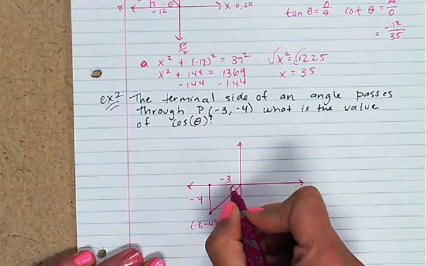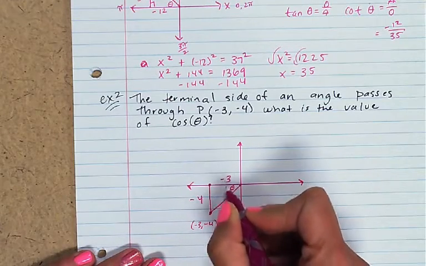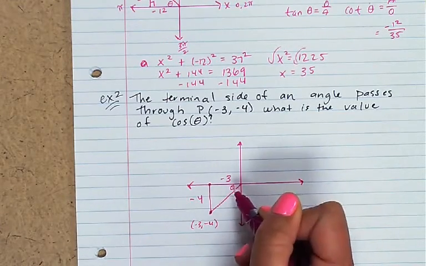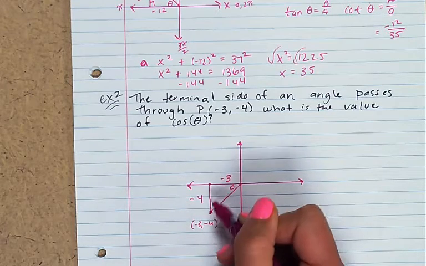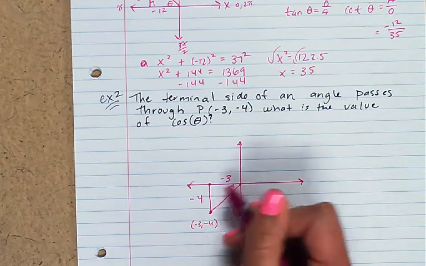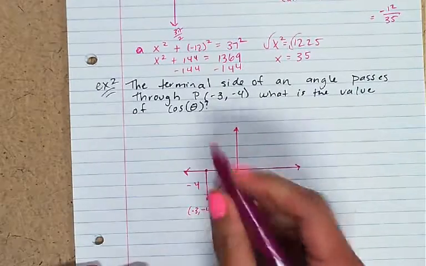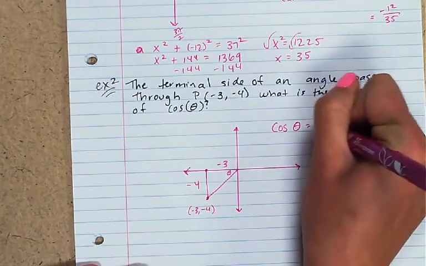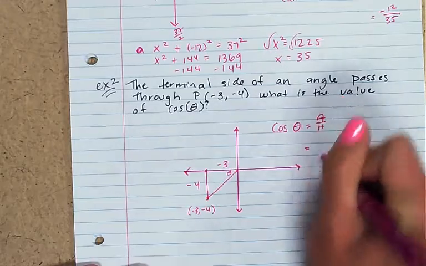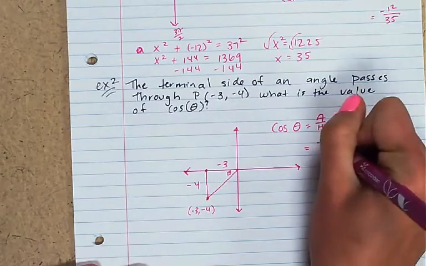Our reference angle is always the part that connects back to the x-axis. So again, the point negative 3, negative 4, we'd have to go to the left 3 and down 4. So that's the side lengths of the triangle. If I want cosine, cosine is adjacent over hypotenuse. Our adjacent, we know it's -3.